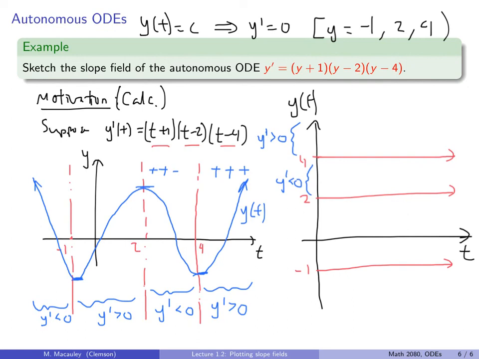So the slope is negative. Similarly, our slope in this region, y prime is positive, and our slope in this region is negative. Let me put a little line here.